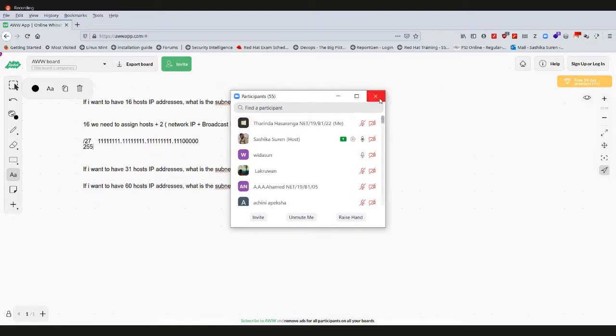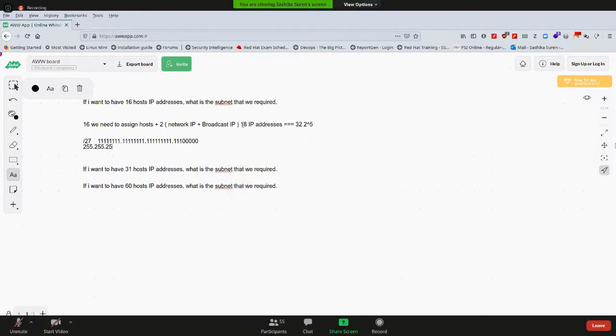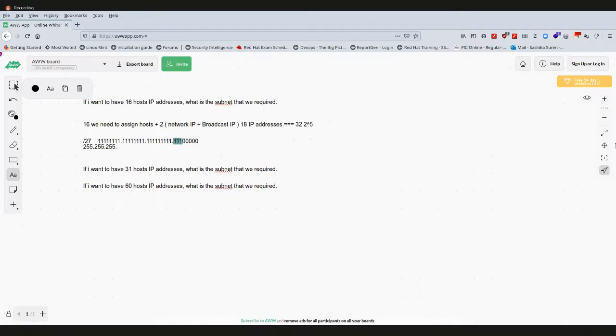That means 255.255.255. and the last octet is 128 plus 64 plus 32, that is 224.